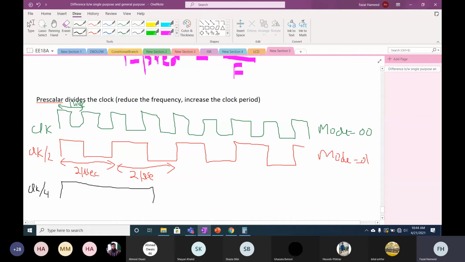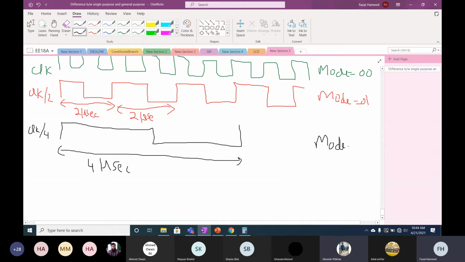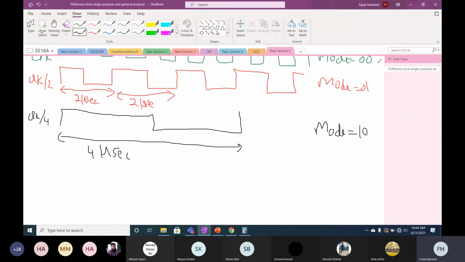Am I right or not? Right. Now, what is the duration of this? 4 microseconds. Yes. And what will be the mode now? 1 0.